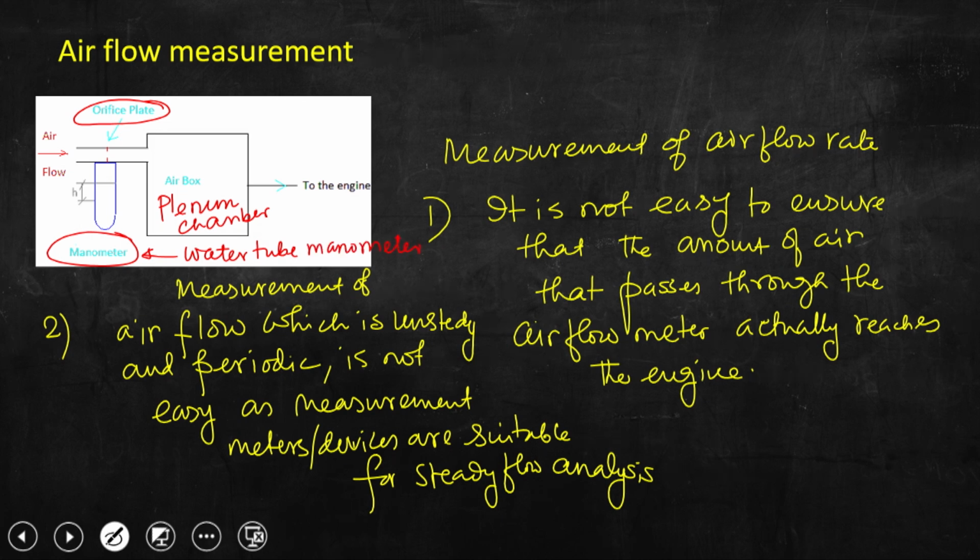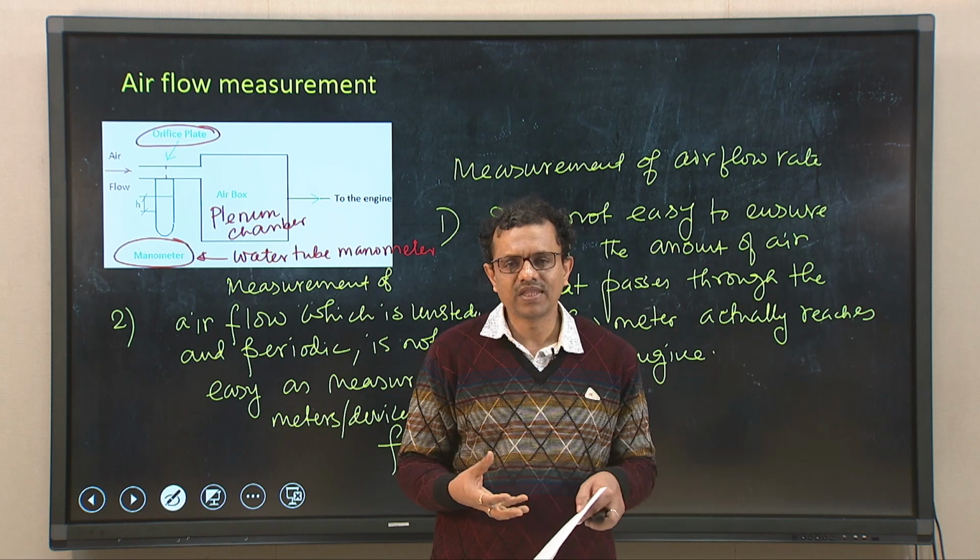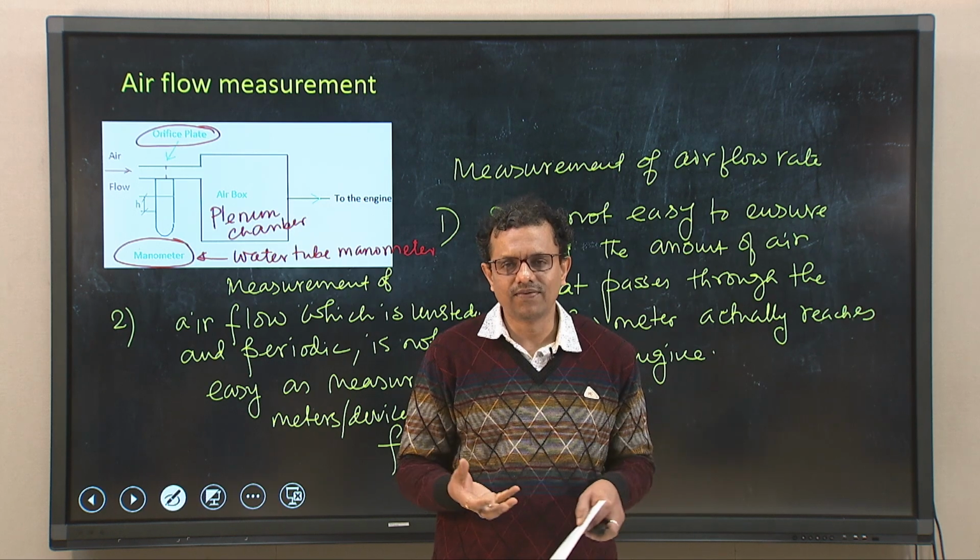Okay. So, now as I told you, measurement of air flow rate is not very easy, but on the other hand, actual measurement of air flow rate is necessary. So, try to understand, on one hand we are saying that actual measurement of air flow rate is difficult, primarily attributed to the unsteadiness associated with the flow together with the periodic nature of the flow.